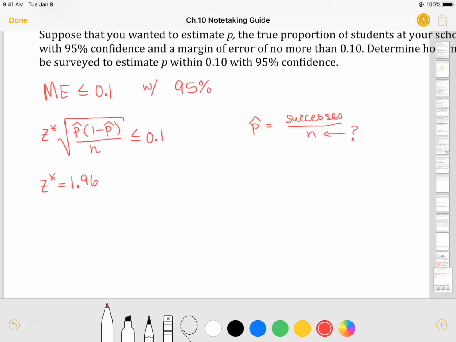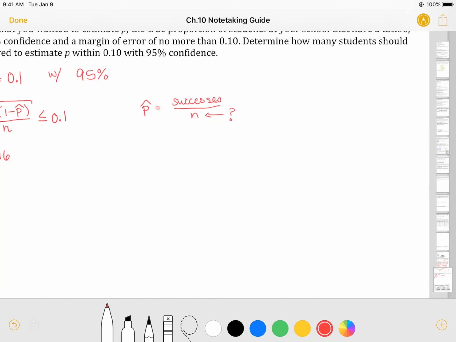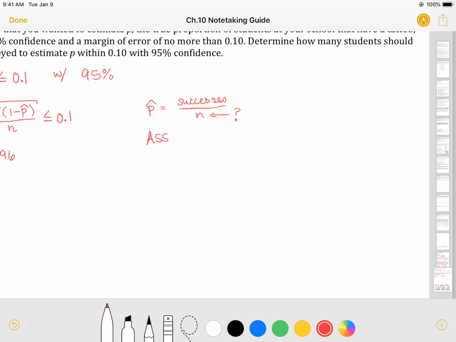Since we do not have a sample proportion, what we're going to assume is that there's no difference between the number of successes and failures. So let me write that up. We're going to assume no difference between the number of successes and failures.